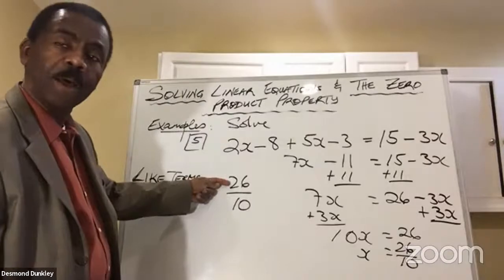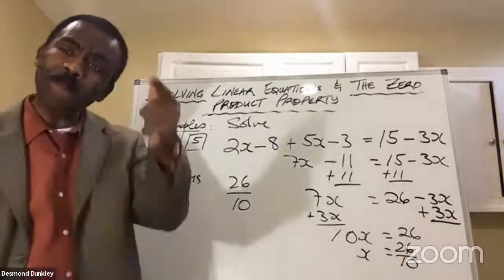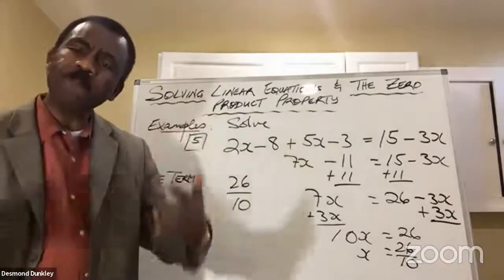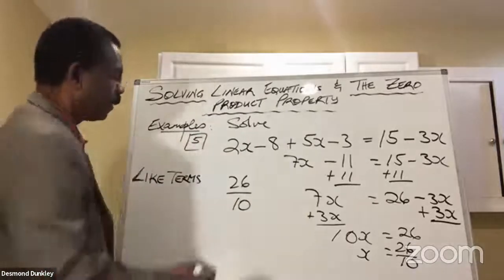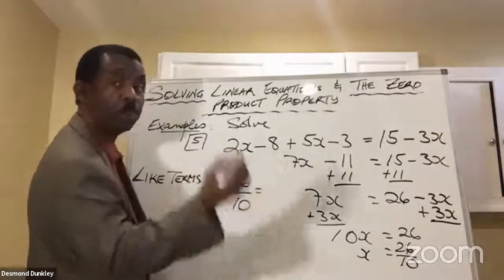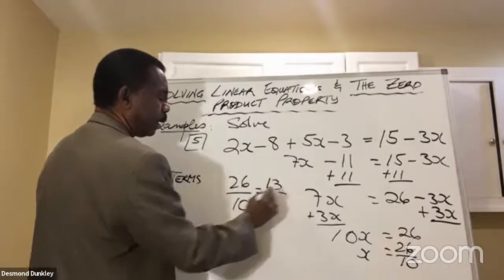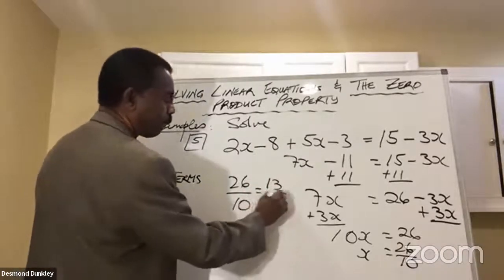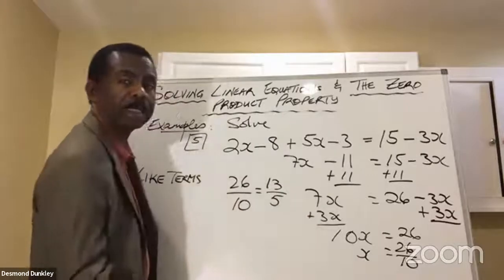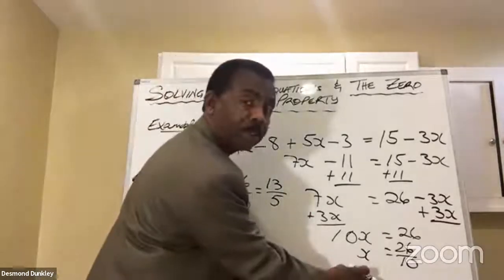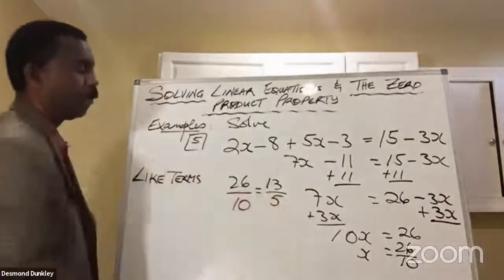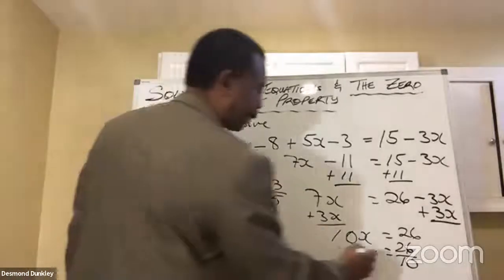You can divide the top and the bottom by a number that will make it into a smaller fraction, or a reduced fraction. If you divide by 2, we get 13. Divide by 2, we get 5. So the answer is x equal to 13 over 5. That's the final answer.